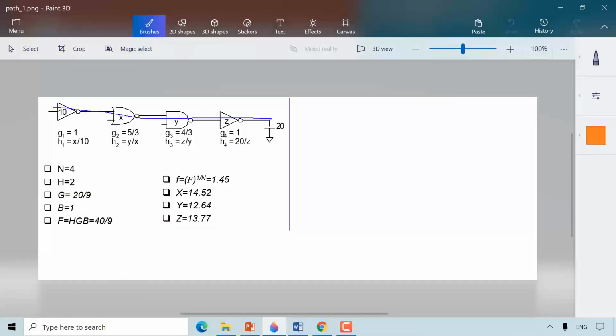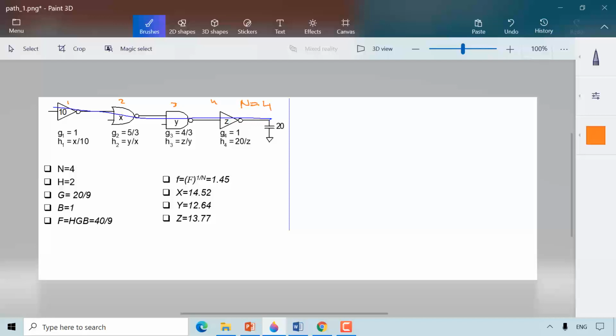Let's take an example to illustrate the calculation of the path delay. Here's an example that you might see in the exam. This is a path where the number of stages is 1, 2, 3, 4, so n equals 4 stages.